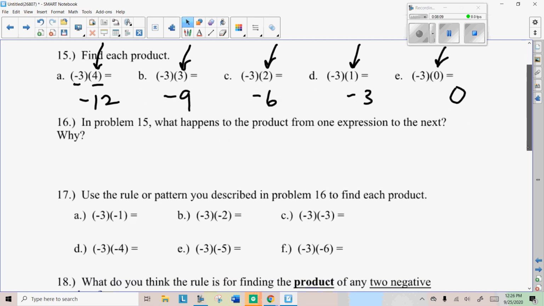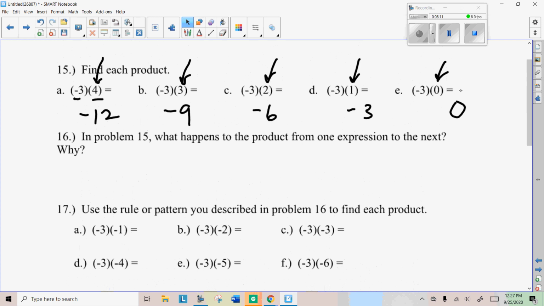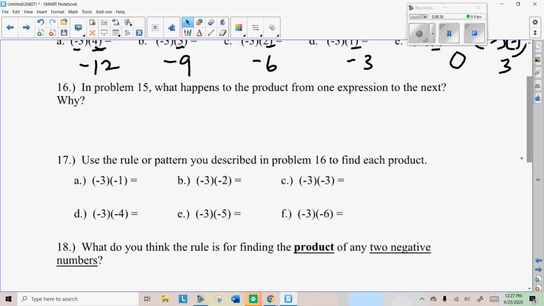Okay, so thinking about that, the next one in this series would be -3 times, notice that these numbers go 4, 3, 2, 1, 0. So the next one we would do is -3 times -1, and that would have to be 3 more again. So this has got to be 3. -3 times -1. And this has got to be 6, because we're going to add 3 every time, right? So go ahead and finish those.